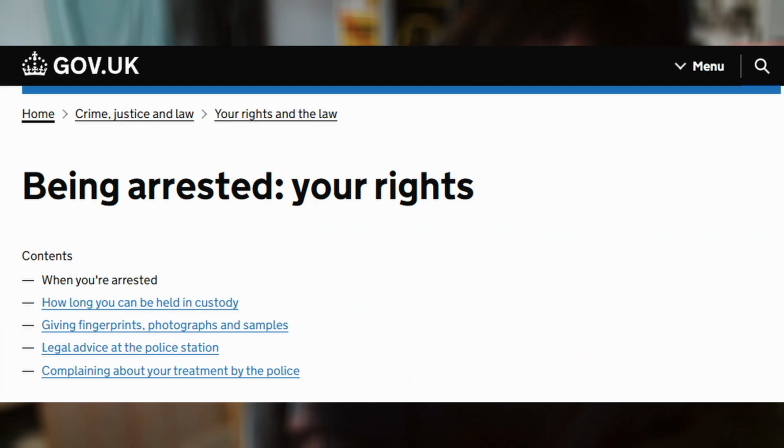Once an individual is brought to a police station, they have several rights that must be respected. According to gov.uk, a custody officer must explain that you have the right to get free legal advice, tell someone where you are, have medical help if you're feeling ill, see the rules the police must follow, known as codes of practice, see a written notice telling you about your rights, such as regular breaks for food and to use the toilet, and ask for a notice in your language or an interpreter to explain the notice.